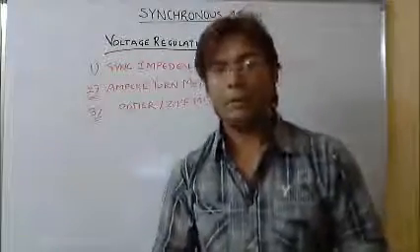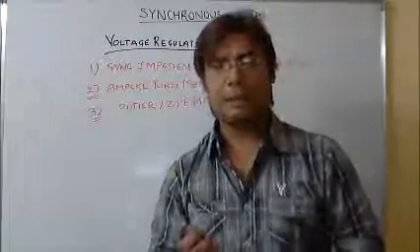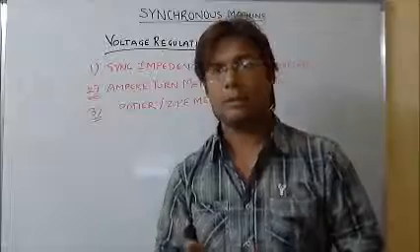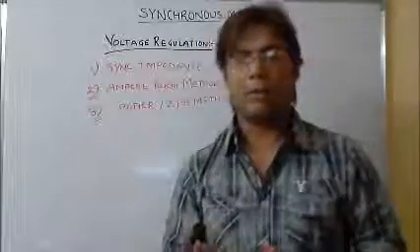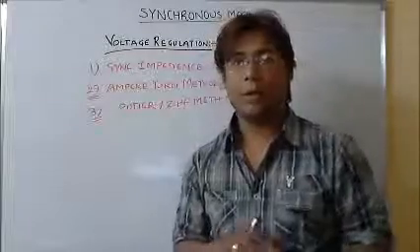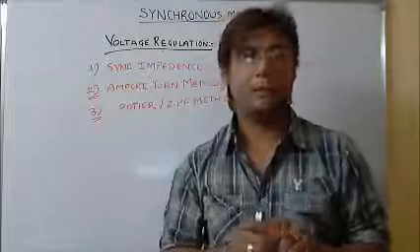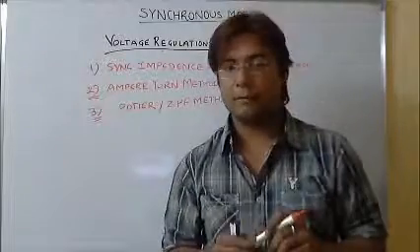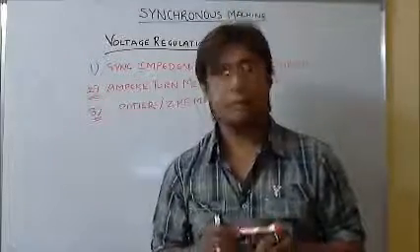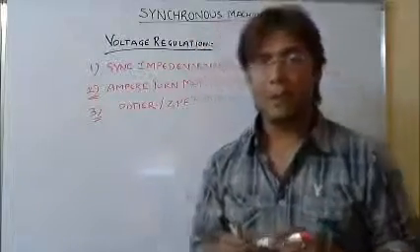In the synchronous impedance method, it's the open circuit and short circuit test. It's a simple test. Open circuit characteristics and short circuit characteristics are drawn, and from that we can find Zs equals E0 upon Isc. And we know from EMF method it is very easy.